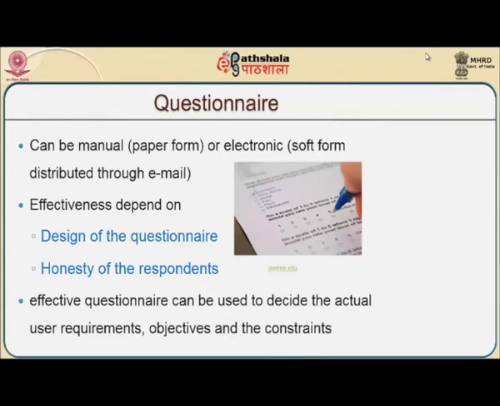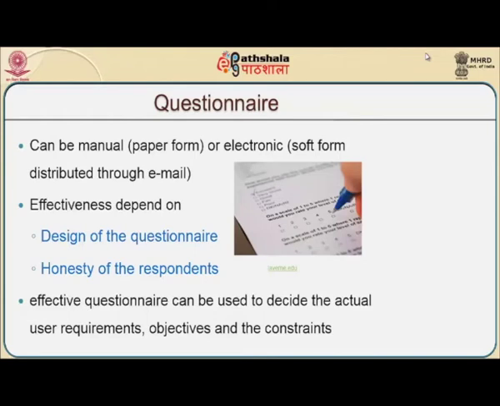The effectiveness of the questionnaire is likely to depend on the design of the questionnaire, the template in which it is designed, and the response of the respondents, the stakeholders majorly. How do they respond to this set of questionnaires?